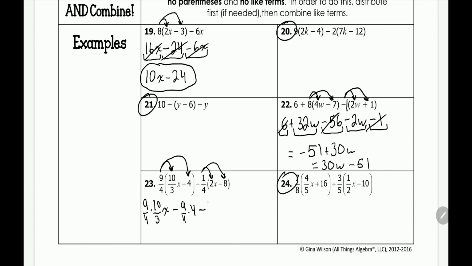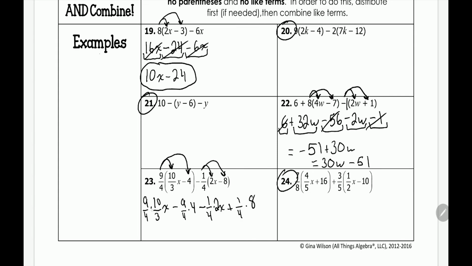So that means we're going to have negative 1/4 times 2x. And then since we have a negative multiplied by a negative, or a minus sign subtracting a negative sign, that means that it's going to change to plus, and we have 1/4 multiplied by 8. Now we just have to simplify.